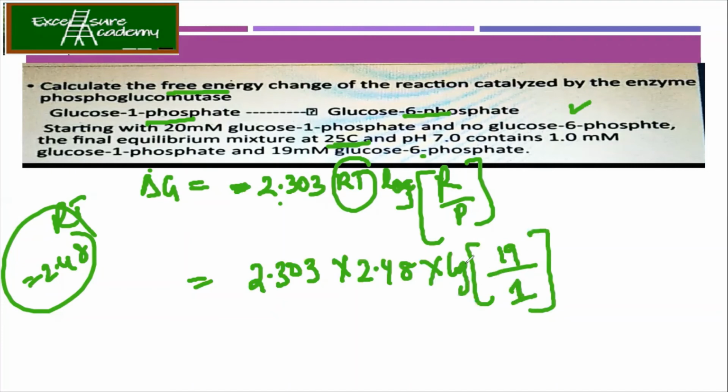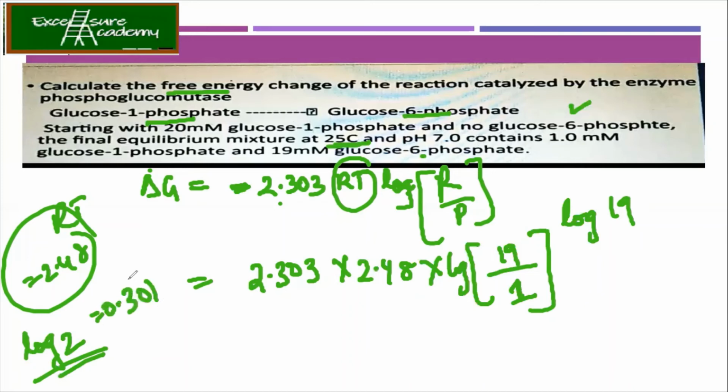Now you need to calculate the value of log 19. Now, I'll tell you the shortcut over here. You just need to remember the value of log 2 whenever such a question comes. So what is the value of log 2? It is 0.301. Okay.